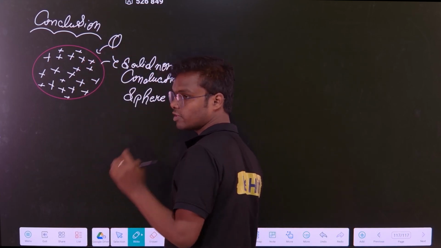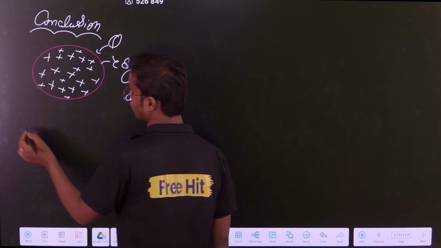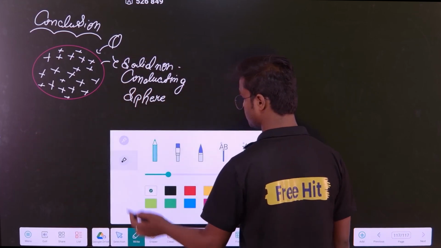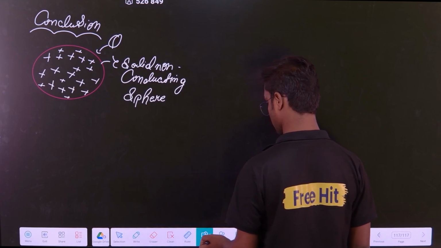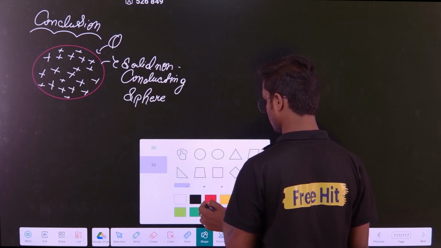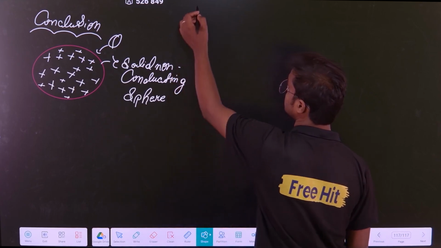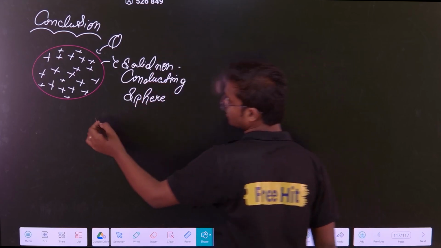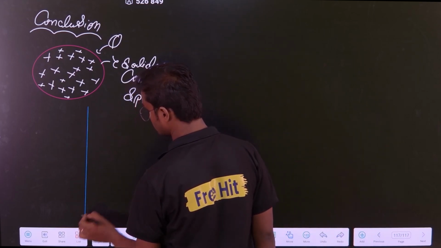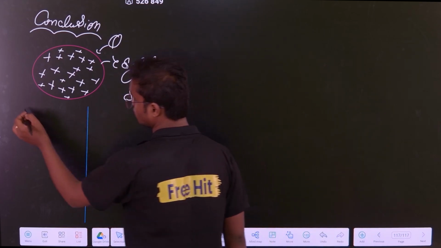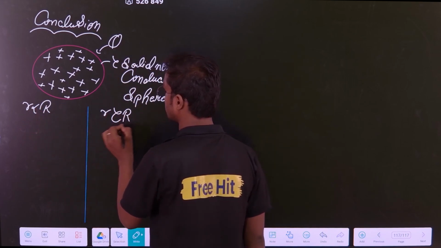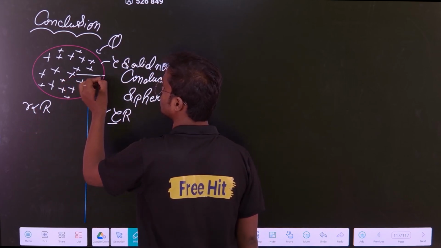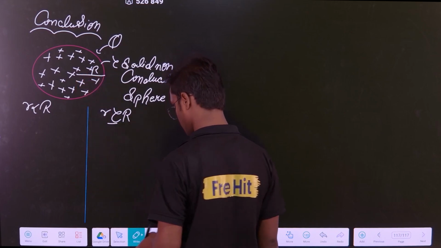So what is the value we have got? We have seen two cases here. I am drawing here because I have to draw the graph also. For r less than capital R, and for r greater than or equal to capital R. What is the conclusion?